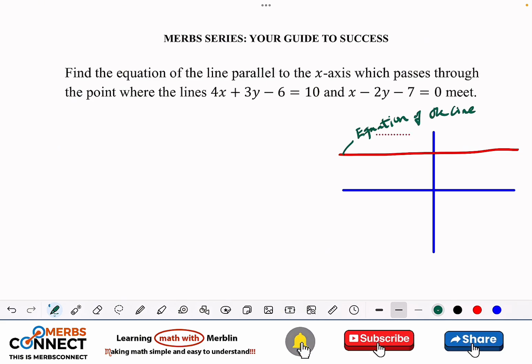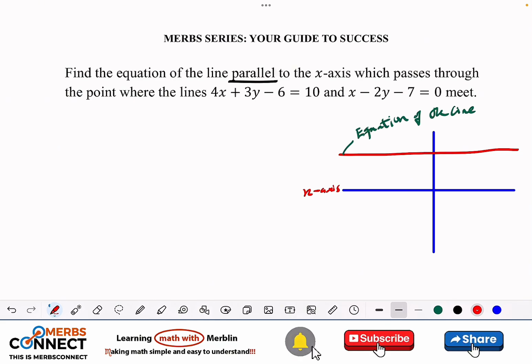Having something like that, then you need to remember the terms. When two lines are parallel to each other, what is the property? It means that they have the same slope. But the question is, what is the slope of the x-axis? The slope of the x-axis is always 0.